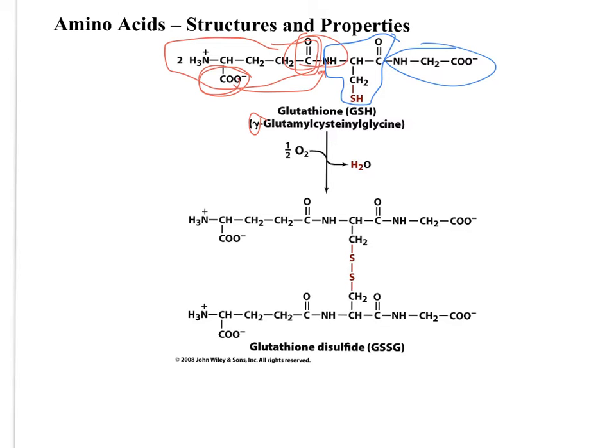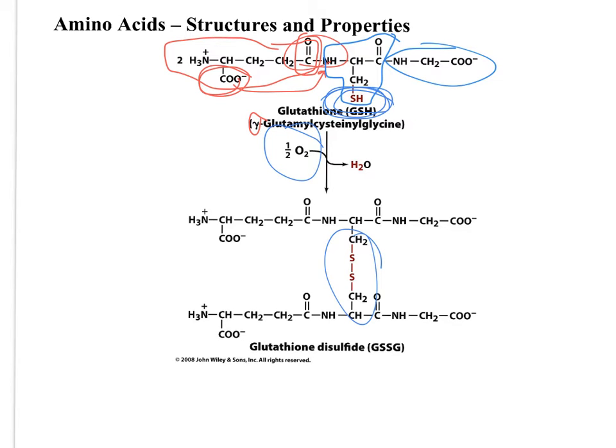Here's a case where this little special type of tripeptide is made, and it helps reduce oxidative stress in a cell, because these guys can gobble up oxygens and form these disulfides.